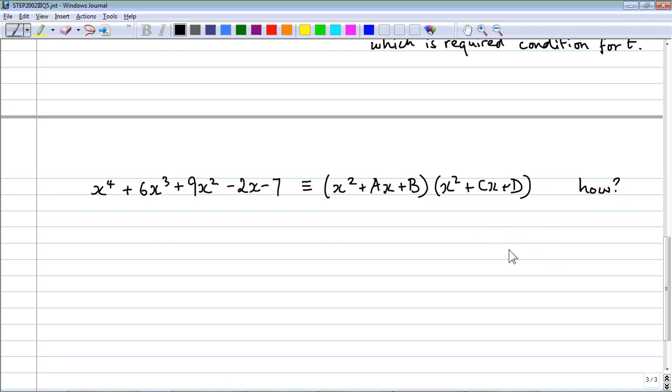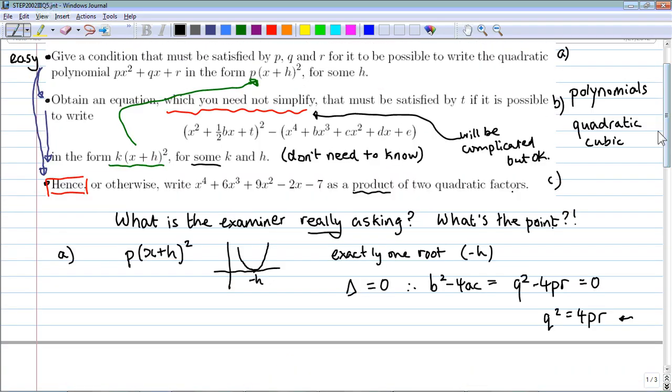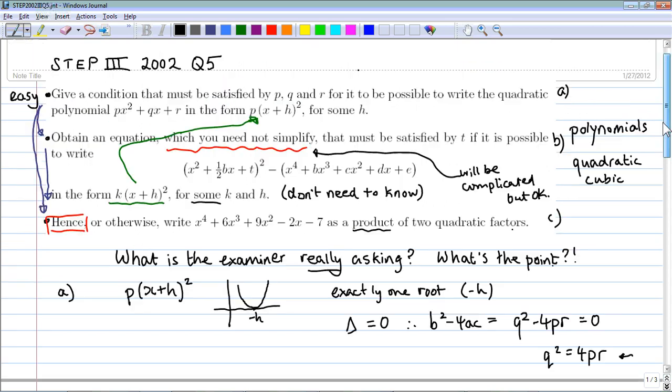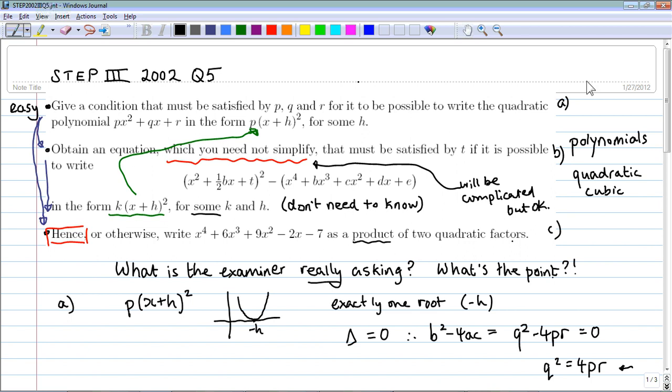How can we use the previous result to do it? Now let me try and show you my logic. I found this fairly easy myself, as STEP questions go, because there was really only kind of one thing to do. So what do I mean by that? Well, we've just been told how to rewrite this in this perfect square form.